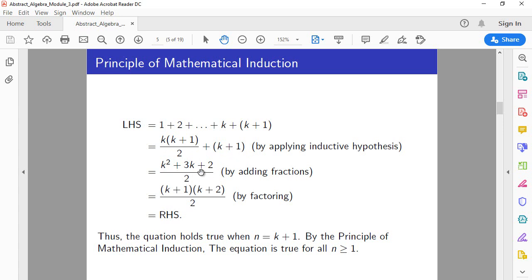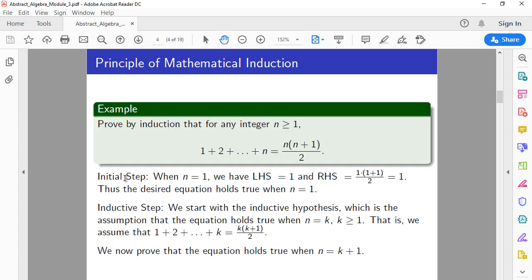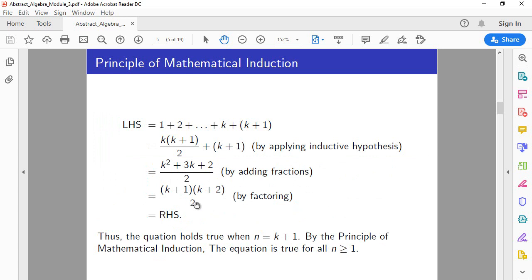Now, the numerator can be factored as (k+1)(k+2). So we get (k+1)(k+2)/2 by factoring. And that's exactly the desired right-hand side when n is k+1. So notice that when n is k+1, we should be getting (k+1)(k+2) over 2, and that's exactly what we got.